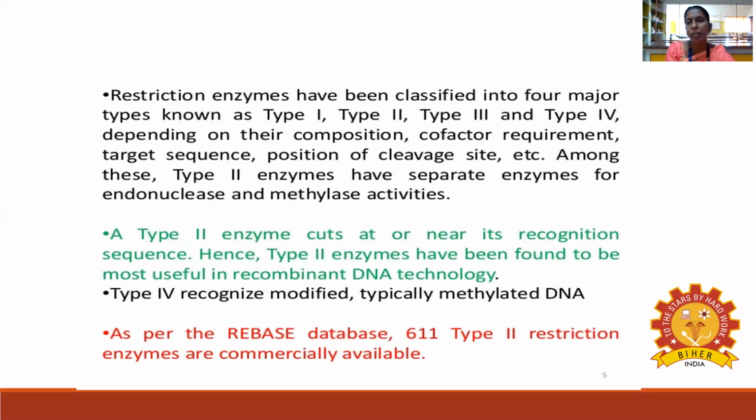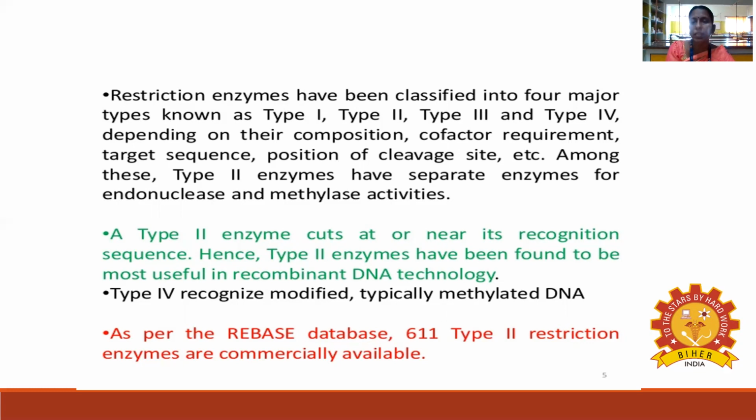Restriction enzymes have been classified into 4 types: type 1, type 2, type 3, and type 4, depending on composition, cofactor requirement, target sequence, and the position of the cleavage sites. Among these, type 2 enzymes have separate enzymes for endonuclease and methylase activity. Endonuclease means cleaving, and methylase means modification.